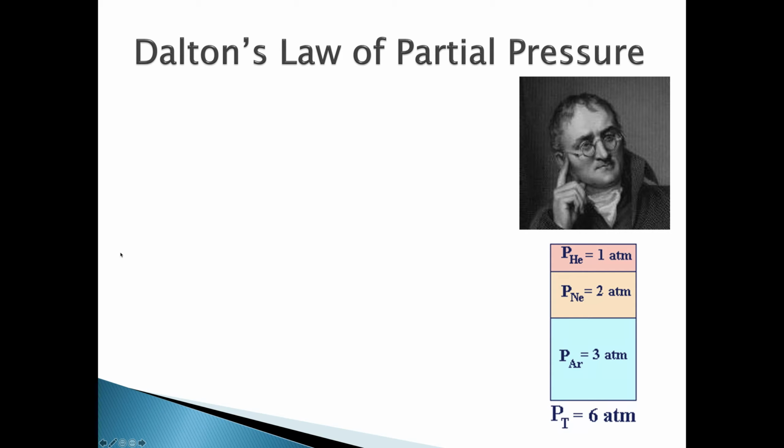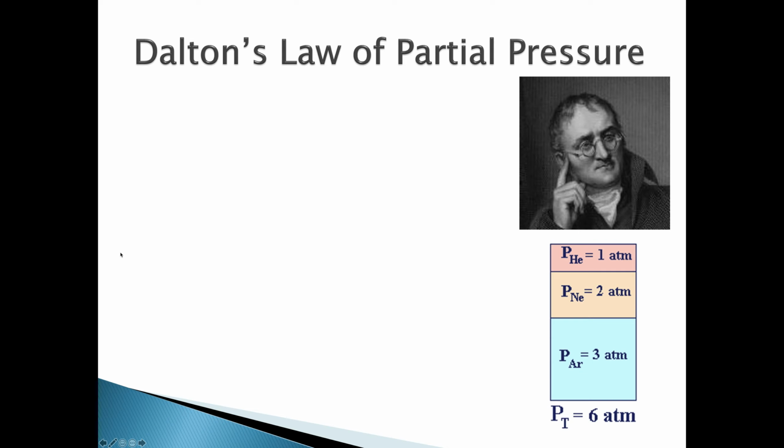All right, so first of all, let me introduce to you John Dalton, so-called father of modern chemistry. He was the person who discovered atomic mass, and it was atomic mass that allowed a periodic table to be developed.